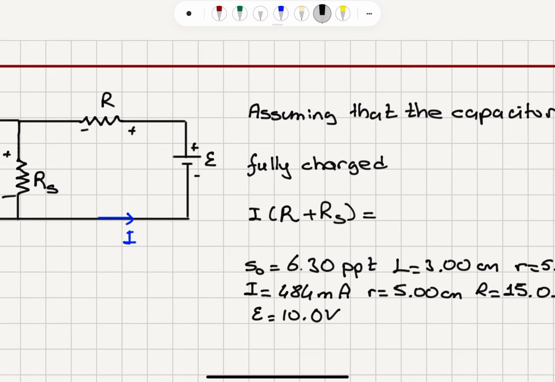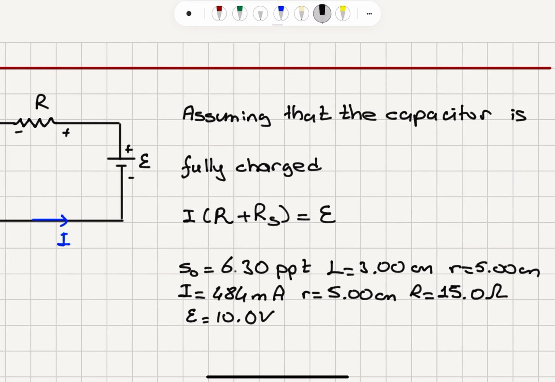This must be equal to the EMF epsilon. So this tells us that RS, the resistance of the seawater, should be epsilon divided by I minus the resistance R. And here I have noted all the values given in the problem.